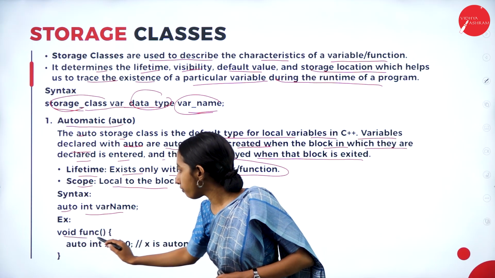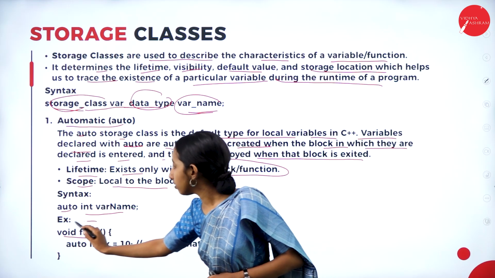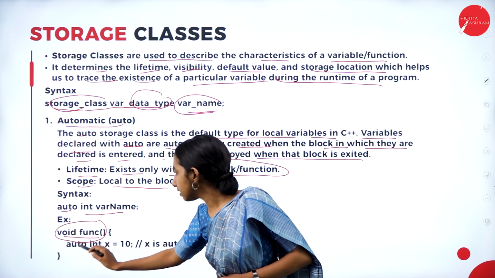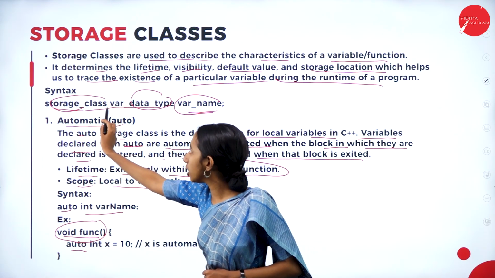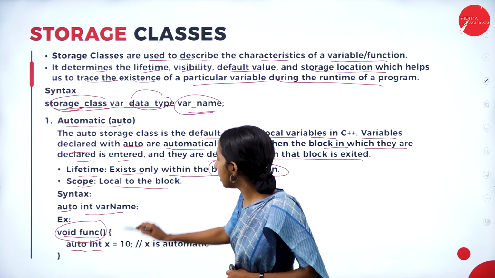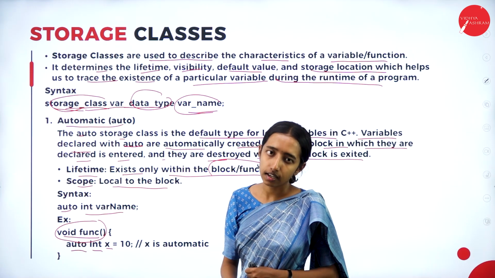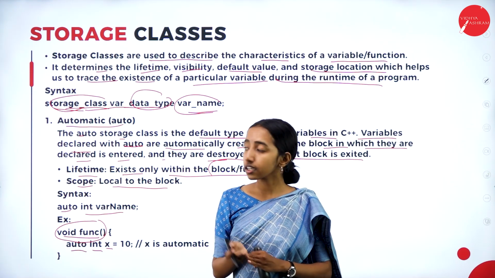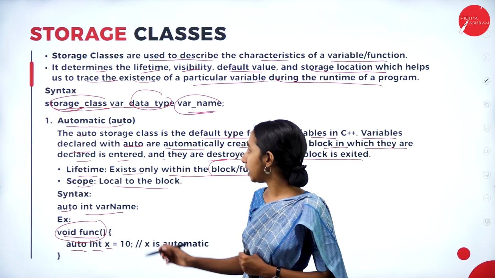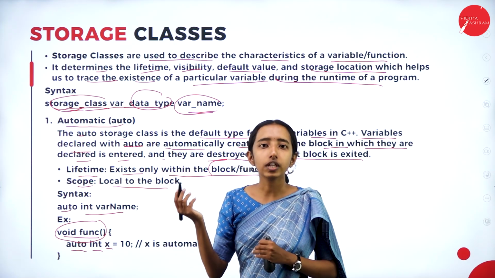Here, in a void function, I open the flower bracket and use auto, the storage class, and int is the data type. The variable x I am assigning the value 10, so x is automatic. This is the automatic storage class. It is the default storage class, its lifetime exists only within the block or function, and the scope is local.